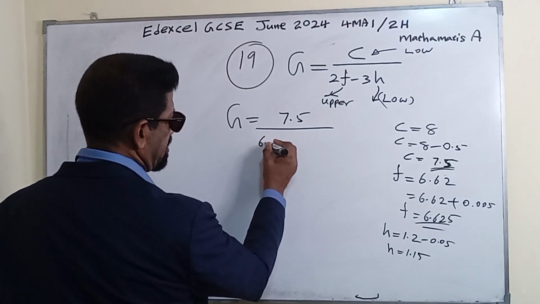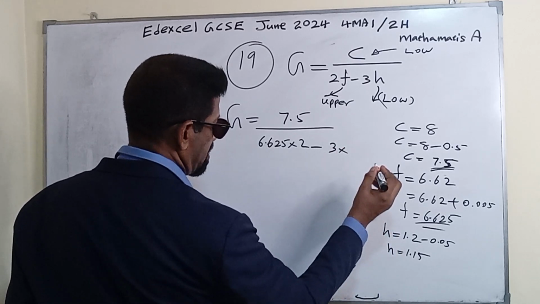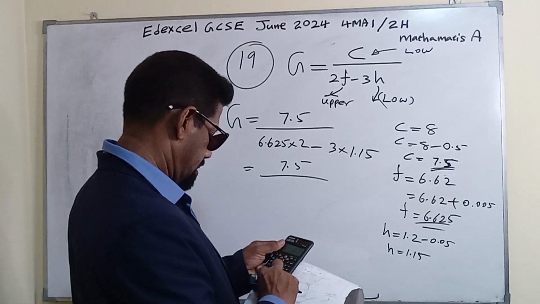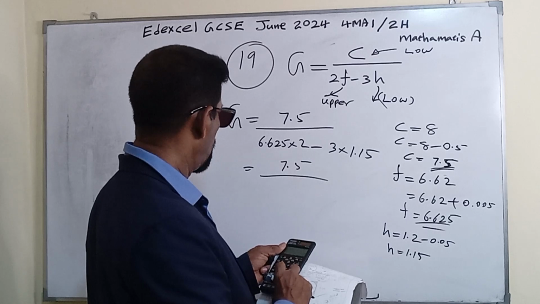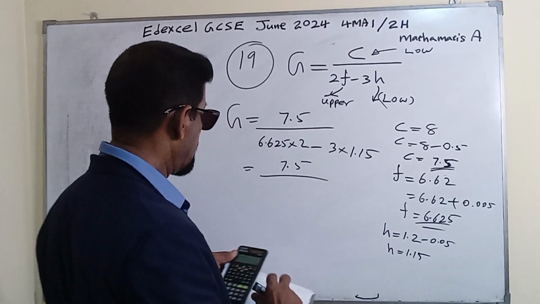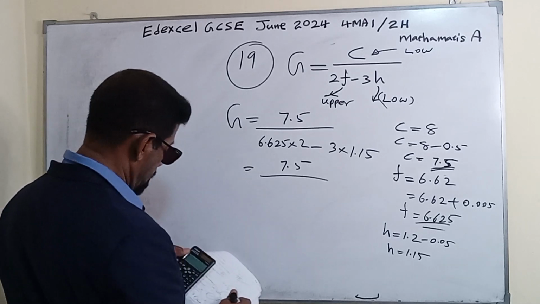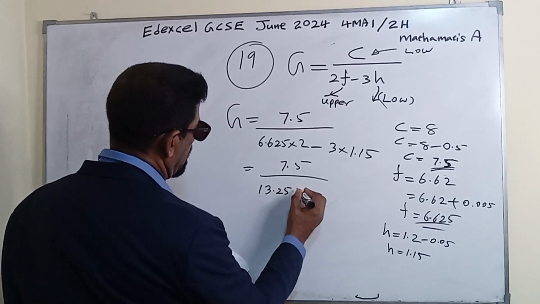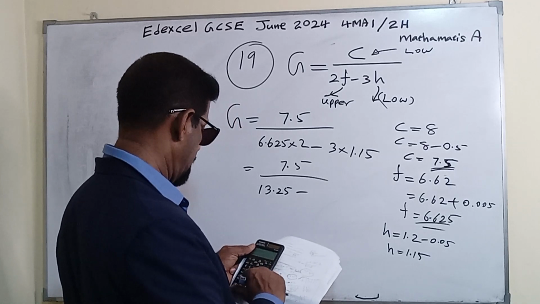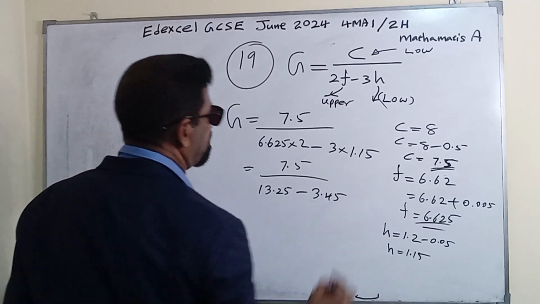So 6.625 times 2 minus 3 times 1.15. 6.625 times 2 gives 13.25, minus 1.15 times 3, which should be 3.45. Carefully do this. It is very important how to do this.